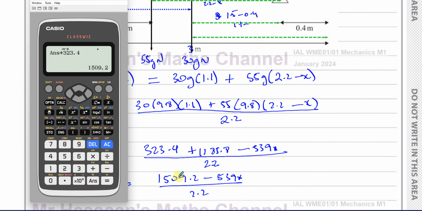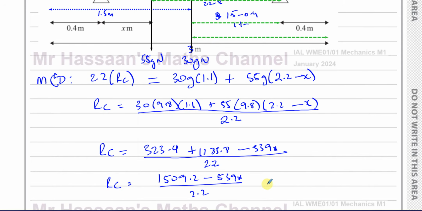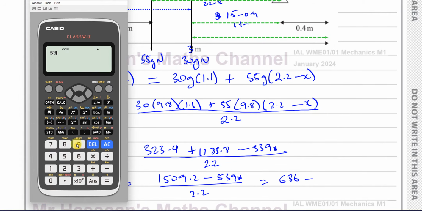So let's hope now when I divide each of these by 2.2, I get exactly what we asked for. So this divided by 2.2 gives us 686. That looks right to me now. 686 minus, and we have 539 divided by 2.2, which gives us 245x.